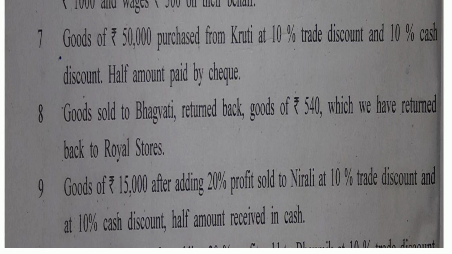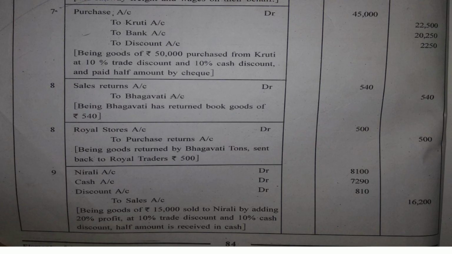Now Bhagwati is returning us goods of rupees 540. Bhagwati is my debtor, is my customer. So whenever the customer or debtor will return goods is always sales return. So the first journal entry for 8th transaction simply is sales return account debit 540 to Bhagwati account 540.